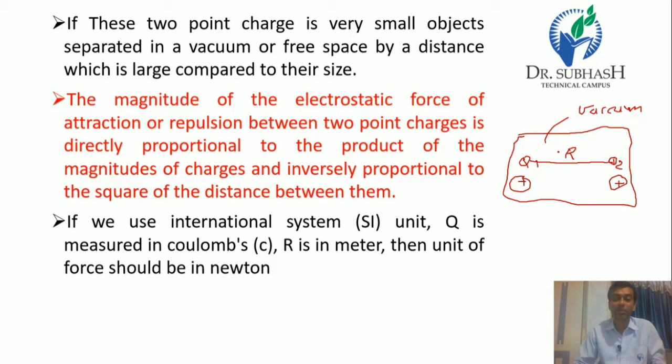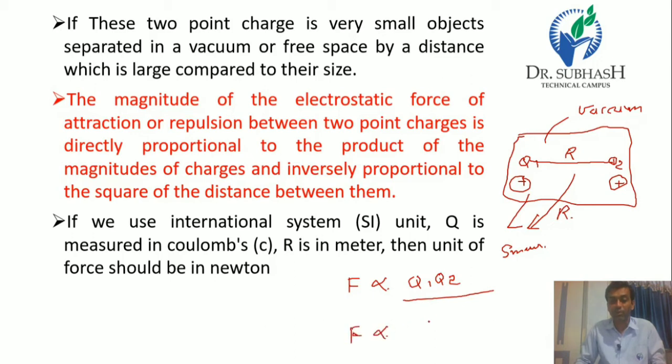Then as per Coulomb's law, these two point charges must be very small compared to the distance between them. The force acting on both charges will be directly proportional to the product of the charges and inversely proportional to the square of the distance between them.